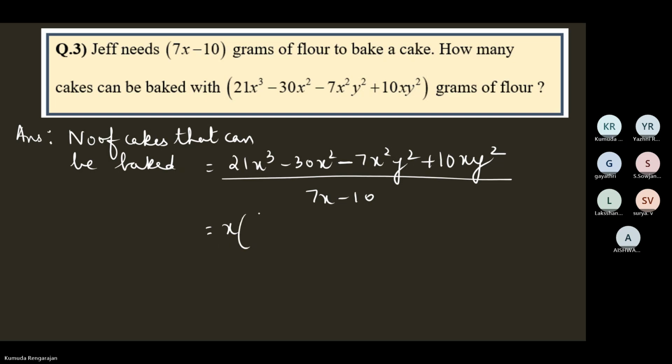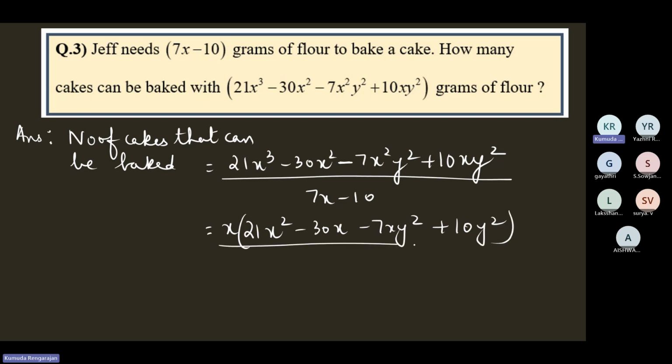Take it out. So we have 21x square minus 30x minus 7xy square plus 10y square, divided by 7x minus 10. Since all the terms in the numerator have x in common, take out the common factor. Then that common factor simply is written out as it is.